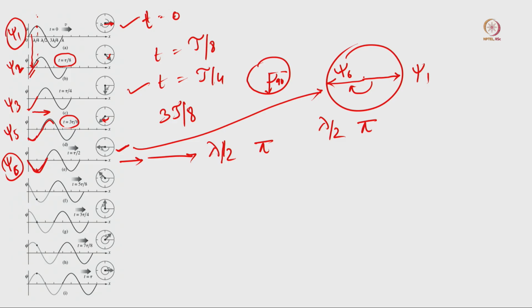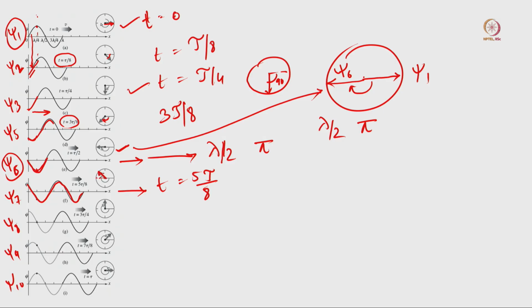Now if we go further, wave 7, 8, 9, 10, you can see the wave gradually propagates again in this x direction, starting from this one and following this path. In this case, time equals 5T by 8, and there is also an angle difference, and this is the angle.